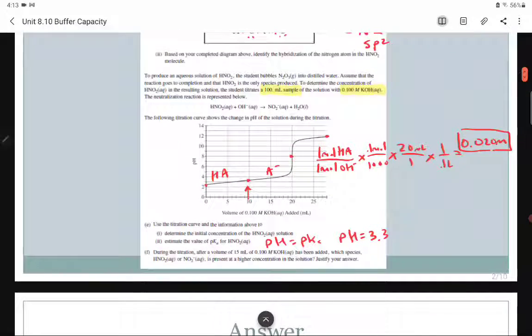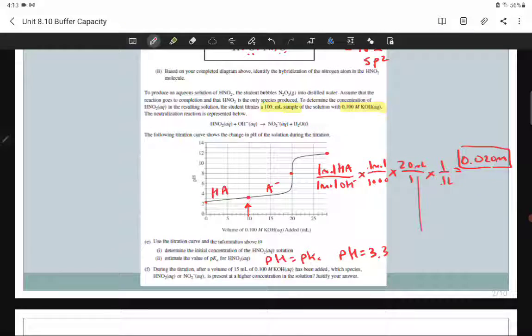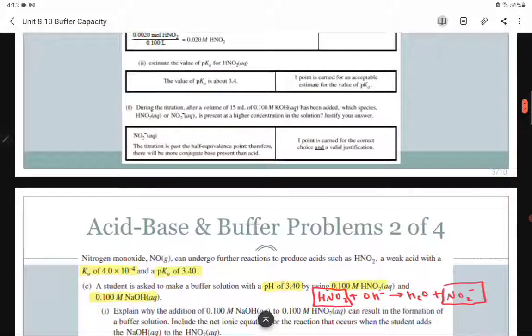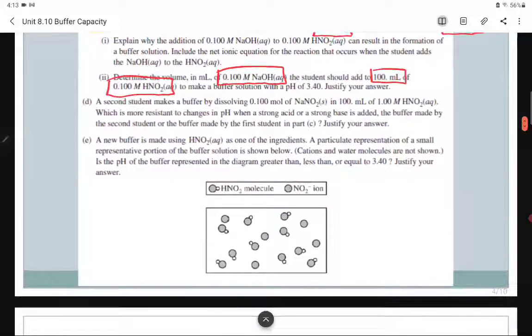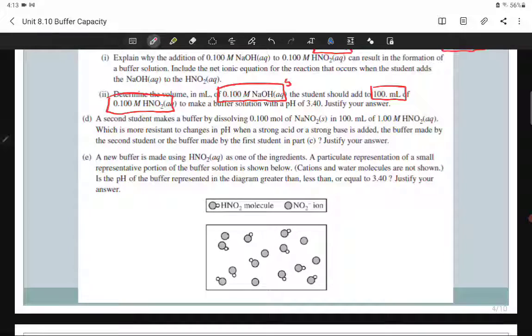When we were looking at this, it was a different question, but the same idea. To get to the halfway point, you have to get halfway. If you're using 100 milliliters of the HNO2, I think we should probably use half of that volume, and that would get us right there.